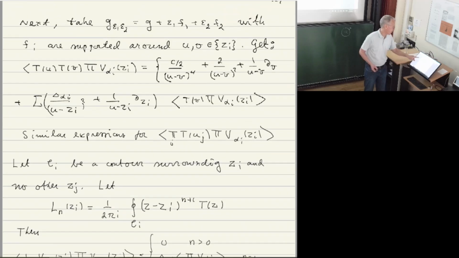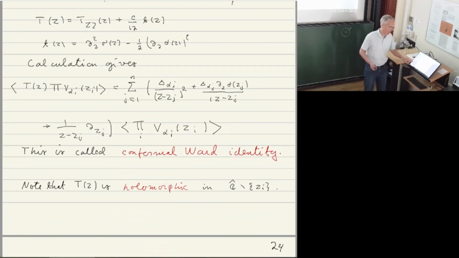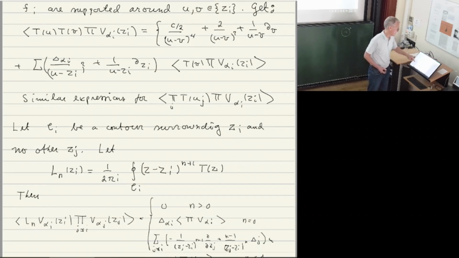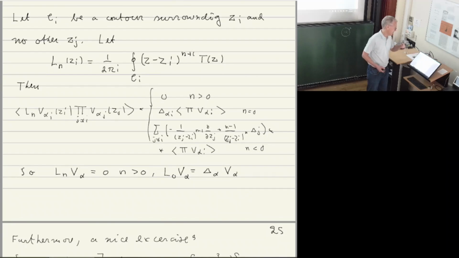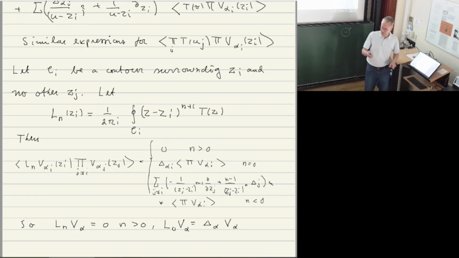Well, obviously you can do it explicitly, right? Everybody can do that because the z dependence is just these poles here. But it's instructive to see what comes out of it. First of all, let's take the contour integral of T and multiply it by (z minus z_i) to some power. Conventionally, I write it L_n, where the power is n plus 1 here.